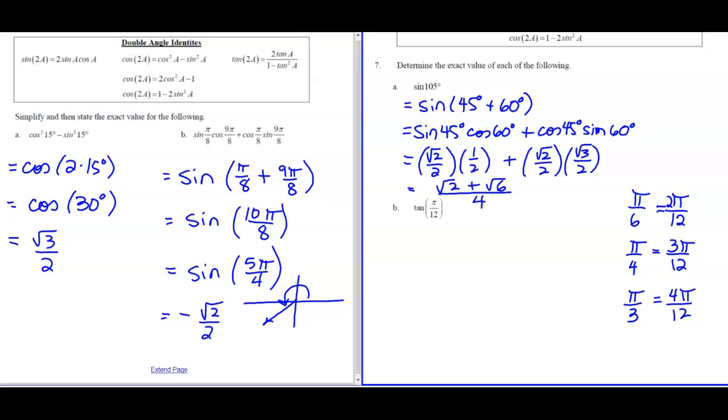Keep it as small as possible. So I'm going to do the smallest ones. I'm not going to write it out with the denominator of 12. I'm going to show this as pi over 4 minus pi over 6. Okay.